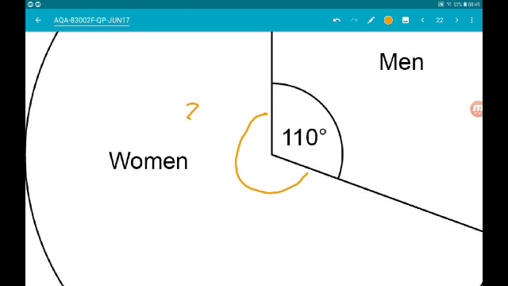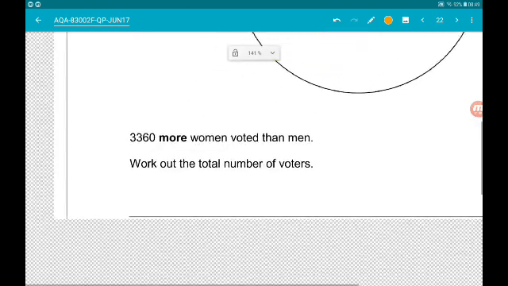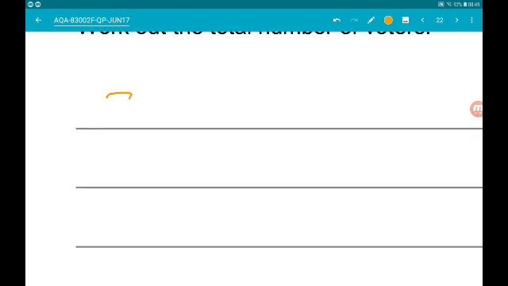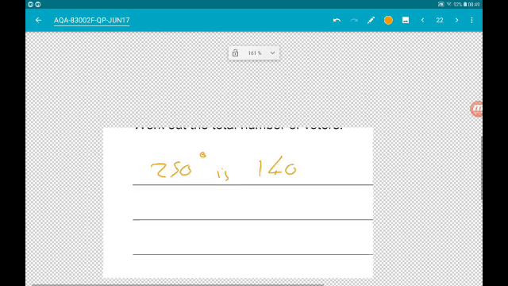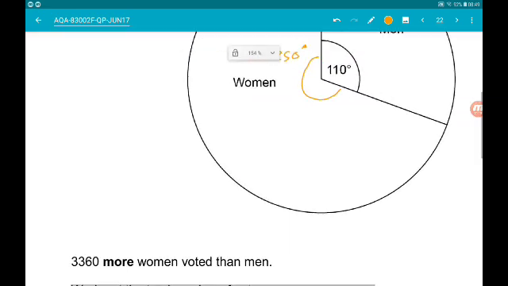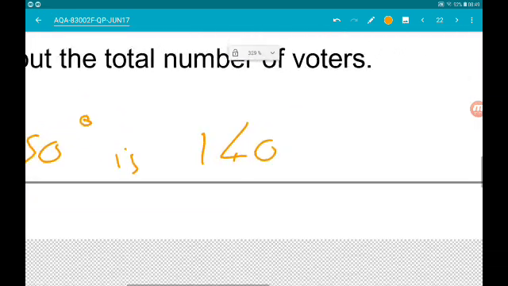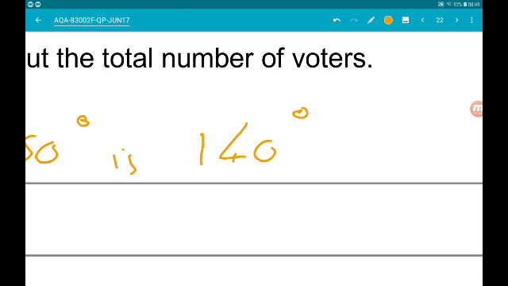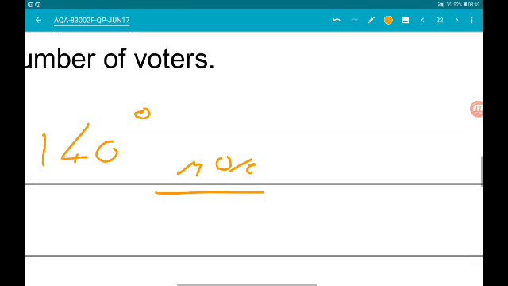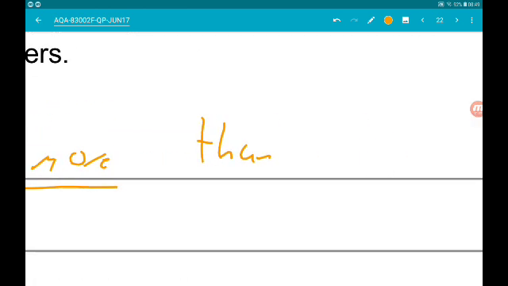Now, we can say then that 250 degrees is 140 degrees more than 110.